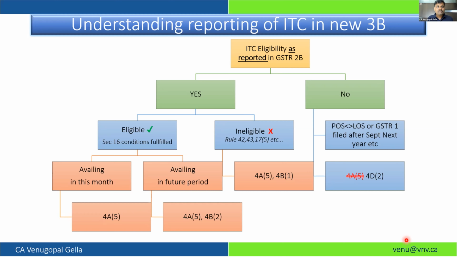So that is why I am saying let us start being very specific. If you are reversing, say whether 4B2, which is temporary or reclaimable, or 4B1, which is permanent or non-reclaimable.